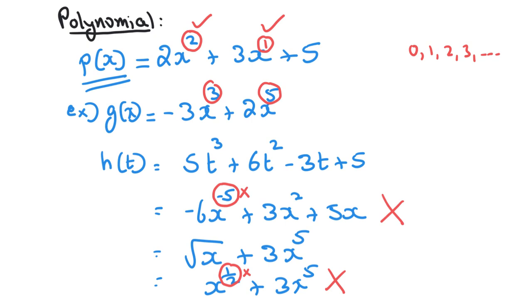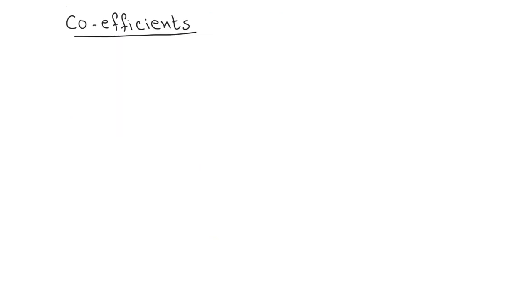Fine. Now let us try to understand the different ways polynomials are classified. Let us first understand some of the terms that are used when we are studying polynomials. Let's take an example first. 2x to the power 3 minus 5x to the power 2 plus 4x plus 8.